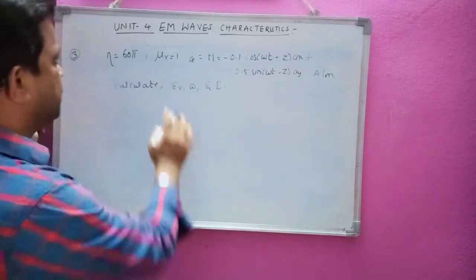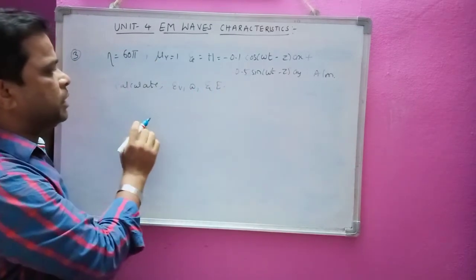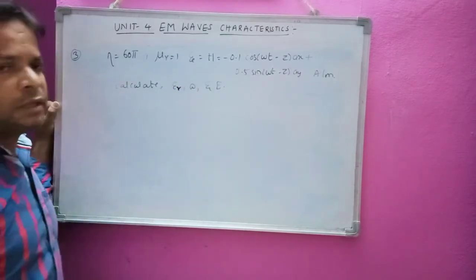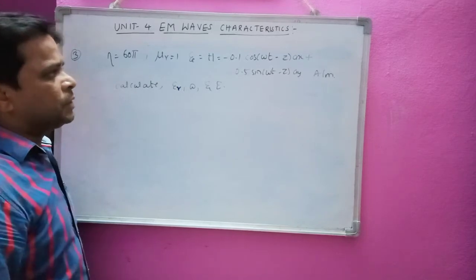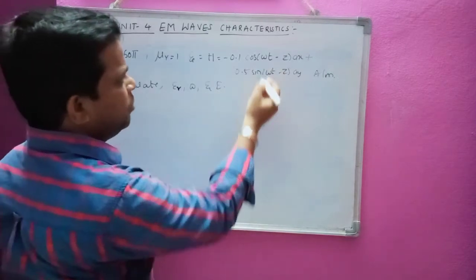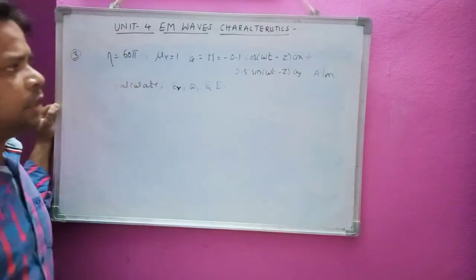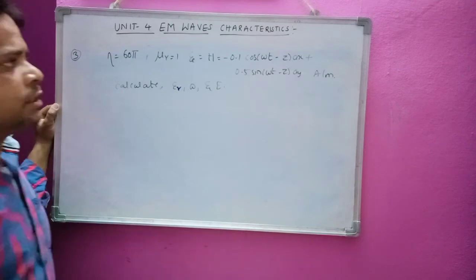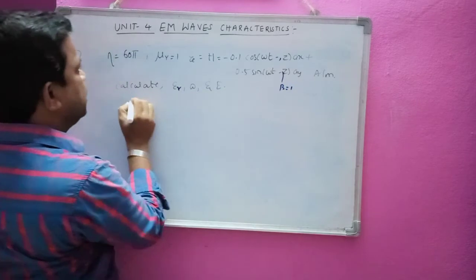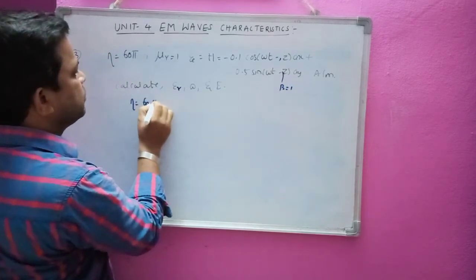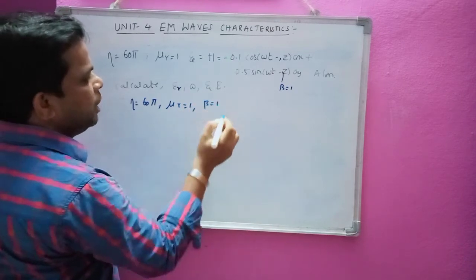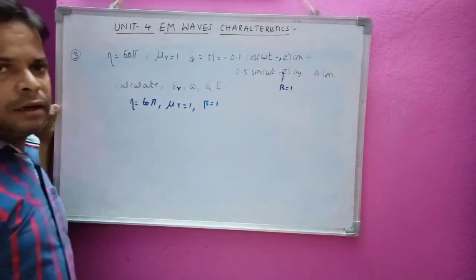Given data: we have to calculate epsilon r, that is the relative permittivity of the medium. Omega t is not given anything, and beta is equal to 1, because of beta z here. So eta is equal to 60 pi, mu r is equal to 1, beta is equal to 1, and we need to calculate the value of epsilon r.